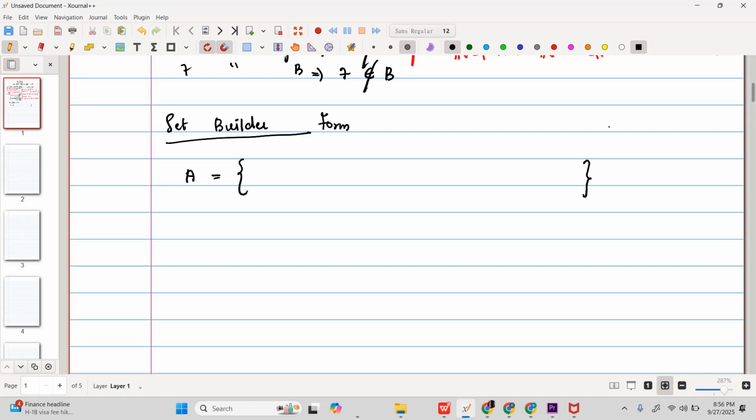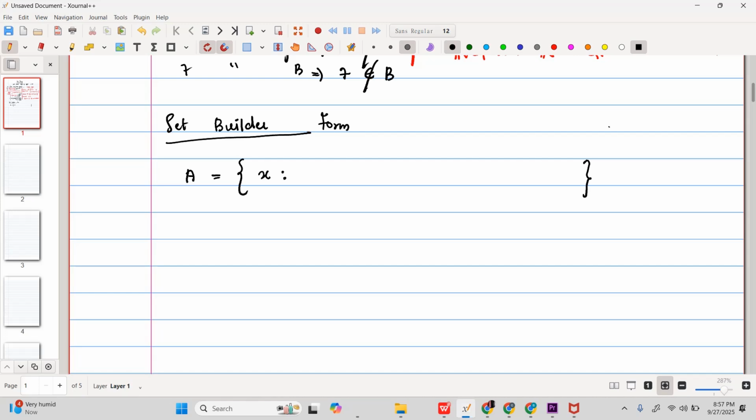We are giving a general characteristic of an element, which is in general represented by x. We don't know what x is. Now we have to give some characteristics for that x, and we will find the corresponding set. So set builder form means we describe in a sentence which kind of objects belong to that set.